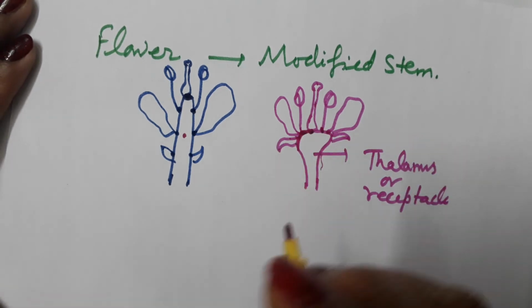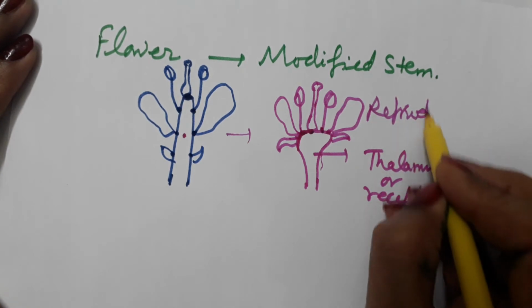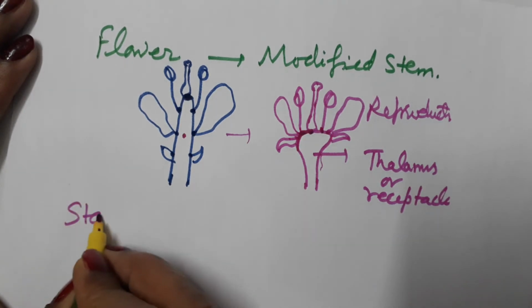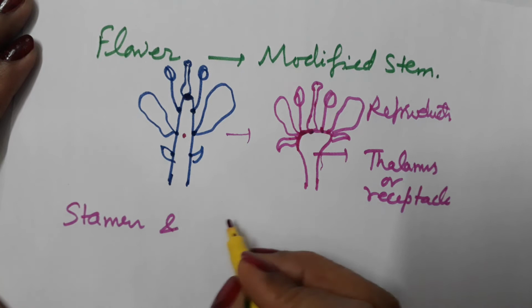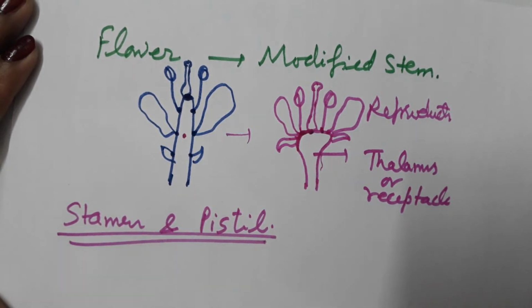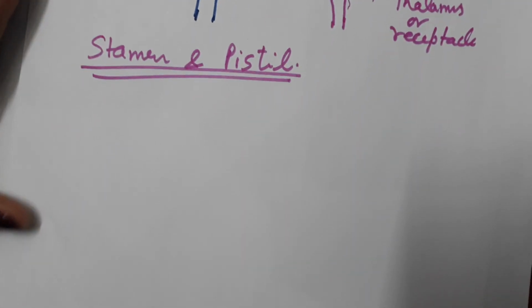In this way, that is vegetative apex is converted into reproductive apex and reproductive phase of the plant started. Main essential parts of the flower which participate in sexual reproduction are stamen and pistil. So here we are going to discuss the structure of stamen.